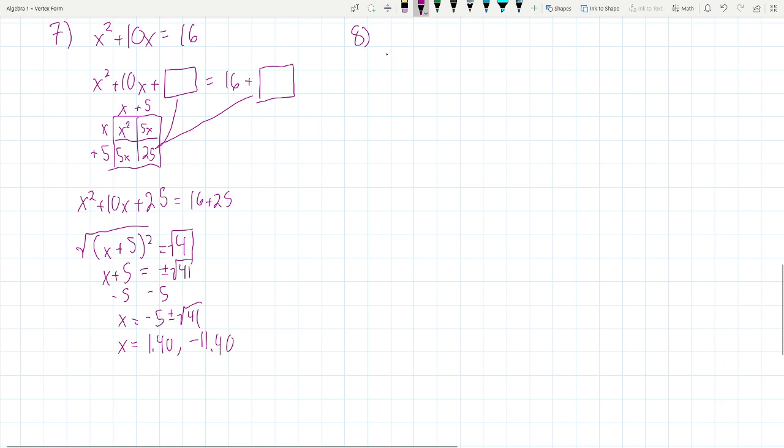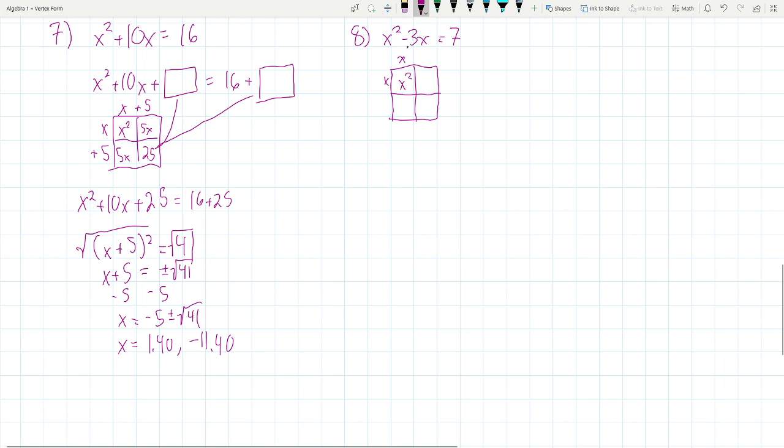Number 8. If I have x squared minus 3x equals 7. Alright. And so I do my little box. So I do box, x and x, gets me x squared.